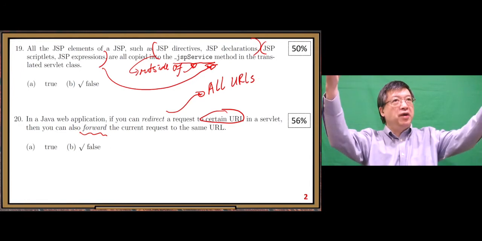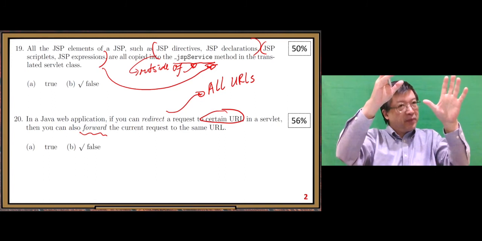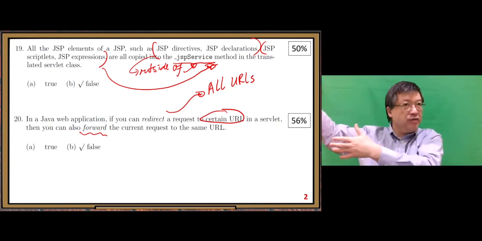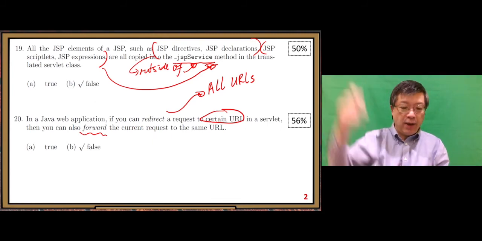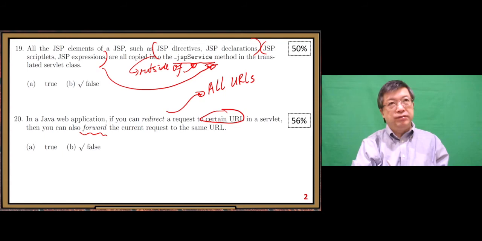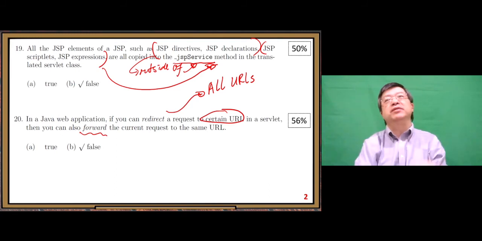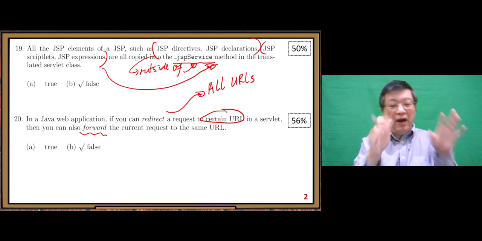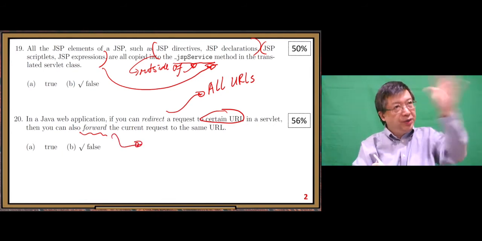Including external URLs, meaning a URL that points to a resource from a different server, not your own server. That's okay. But forward, you cannot. If you use an external URL, you cannot do forwarding. Forwarding, you can only do with internal URLs.